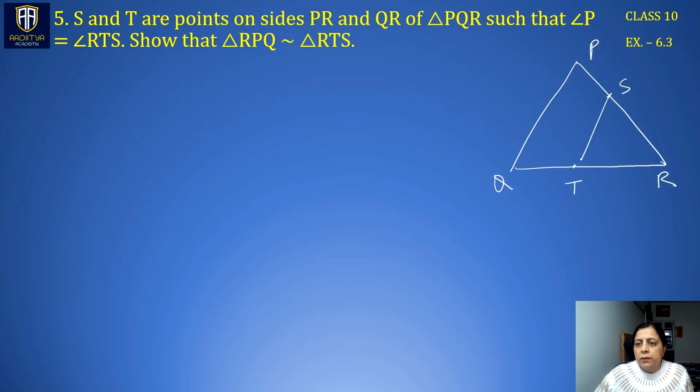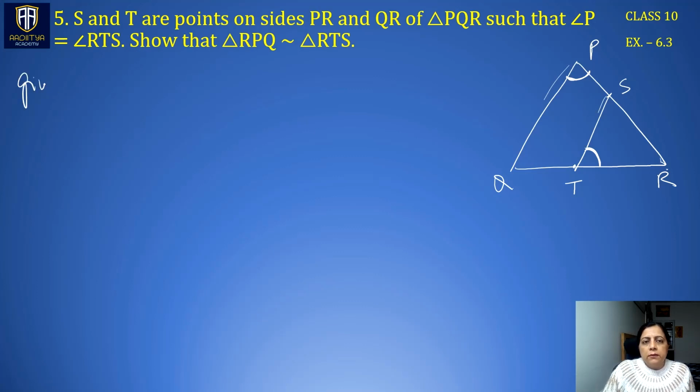So if we join this, it says S and T are points on the sides PR and QR of triangle PQR such that angle P is equal to angle RTS, right? So we have to prove triangle RPQ, the outer bigger triangle, RTS, the smaller triangle here, right?